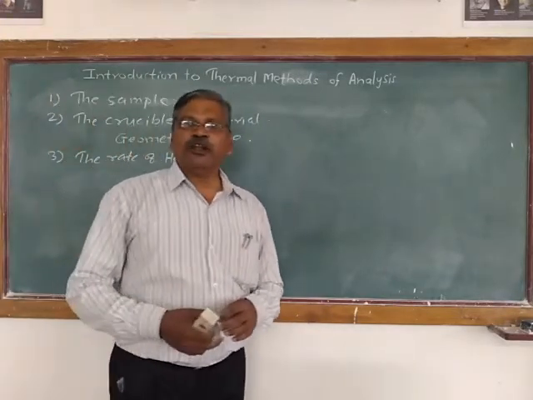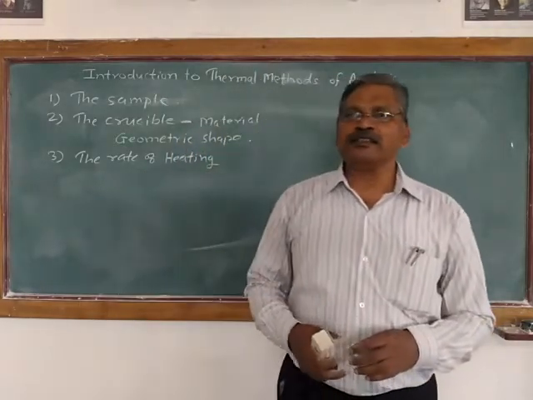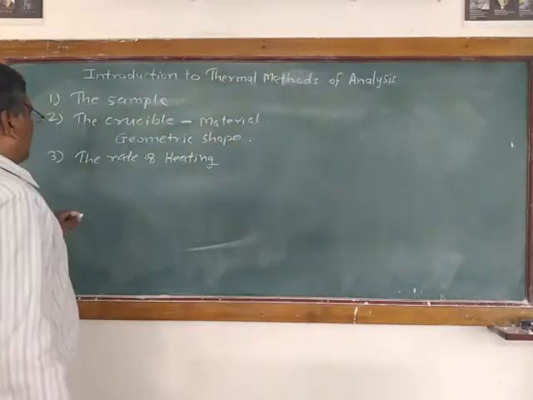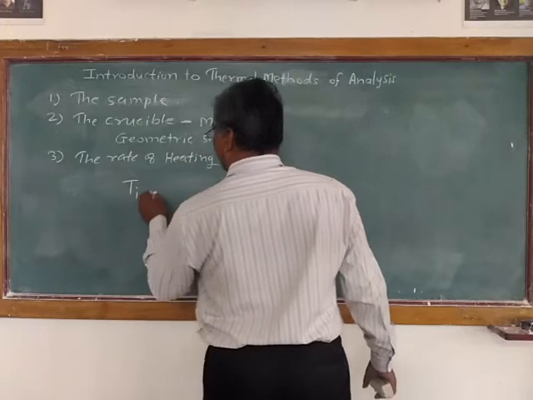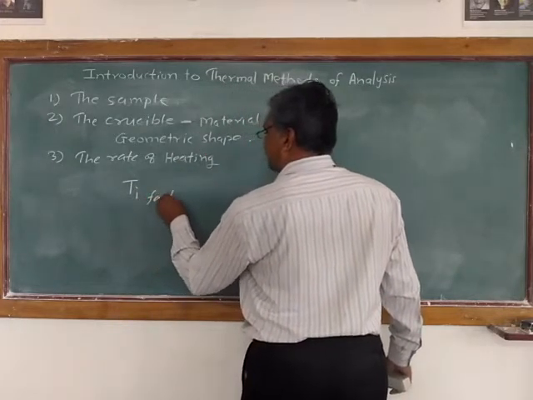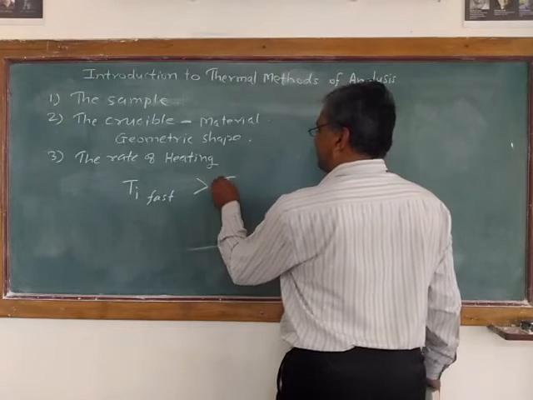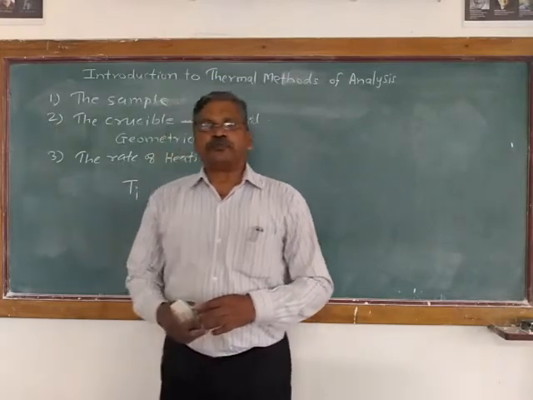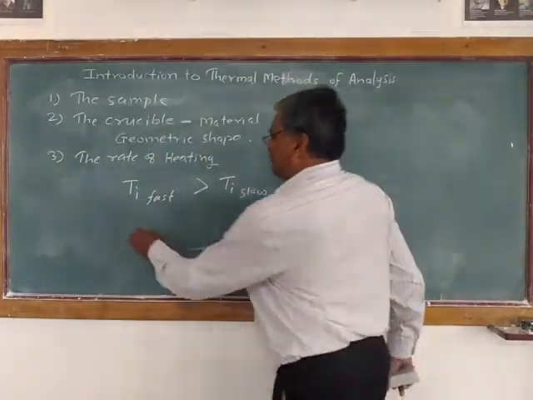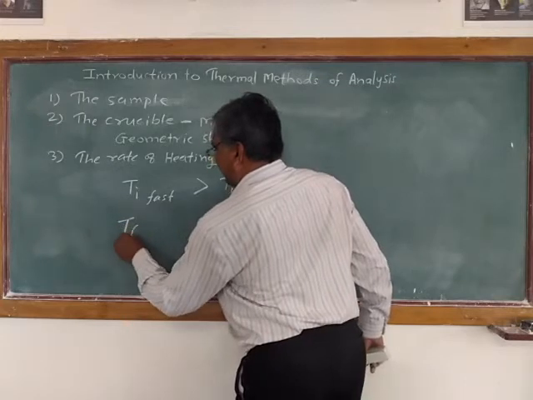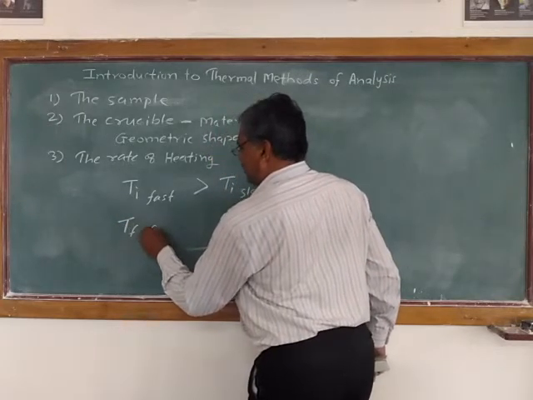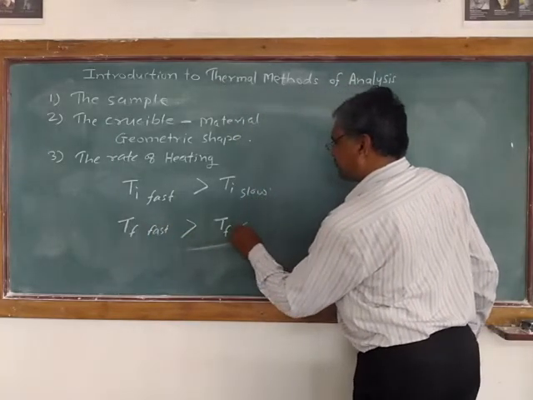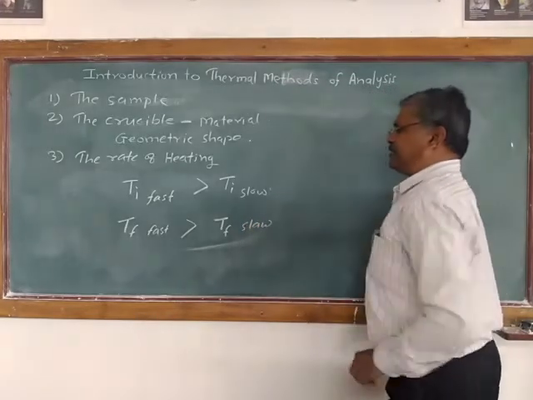The heating rate will also affect the start, the range, and the finish of a change. For example, the initial temperature in the case of a fast heating rate will be greater than the initial temperature in the case of a slow heating rate. Similarly, the temperature recorded at the final stage becomes larger at the fast heating rate than at the slow heating rate.